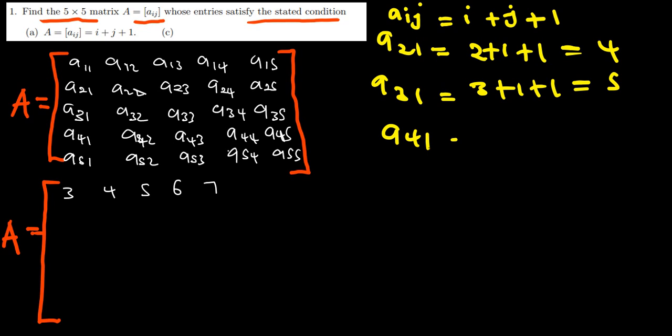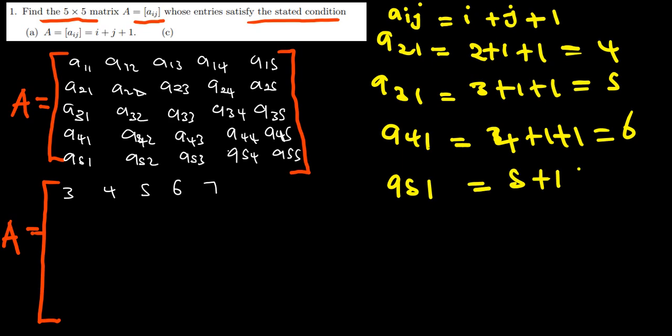A41 will be 4 plus 1 plus 1, which is 6. And then A51 will be 5 plus 1 plus 1, which is 7. So for our first column we follow the same pattern: 3, 4, 5, 6, and then 7.